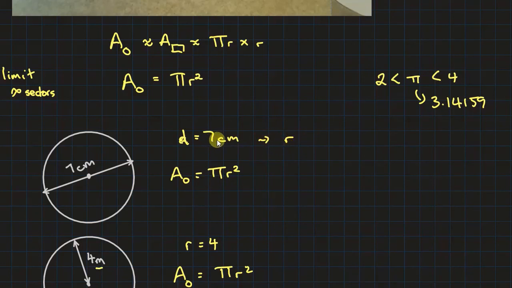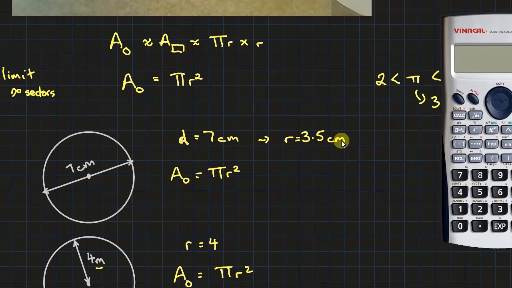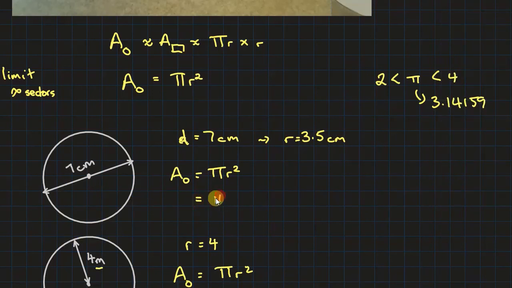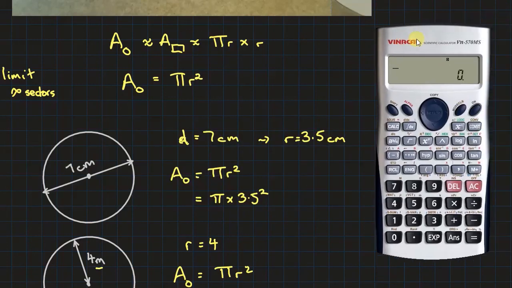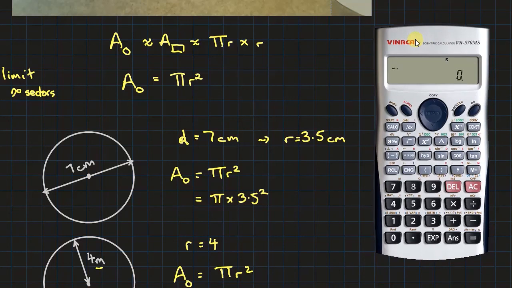So the radius is a half the diameter, 3.5 centimeters. Hopefully you didn't need a calculator for that one. I bring my calculator back in. I'll write out my calculation. Pi times 3.5 squared. Writing pi like that should be acceptable. People don't need to know that you know 3.14. And I don't expect many questions to come up and use pi as 22/7 anymore either.